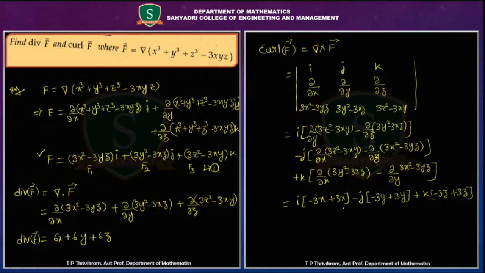So everything will cancel and we get 0. That means curl f you get as 0.